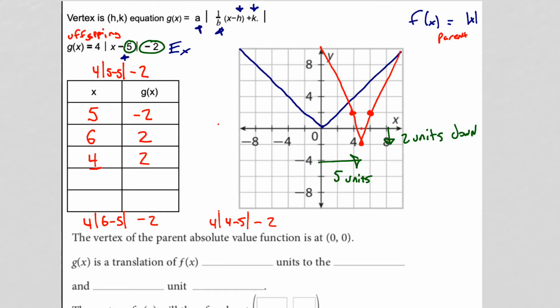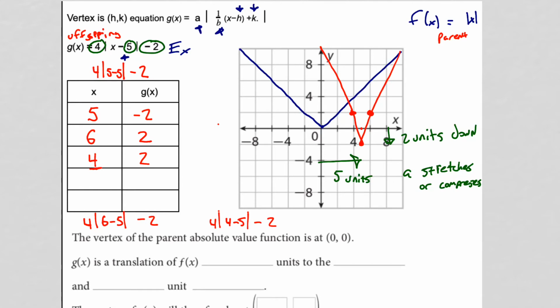And if I had to guess, this 4 here is basically stretching or compressing, right? That A probably stretches or compresses. That might be ringing some bells from last year when we did similar stuff with lines, I believe.